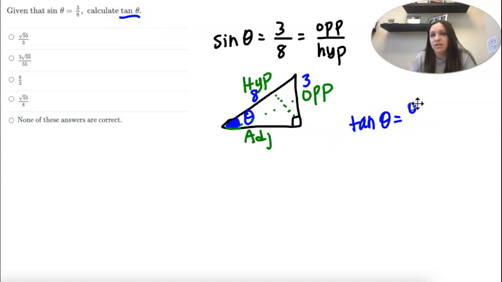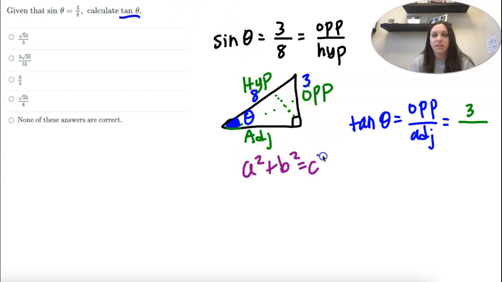I want to find tangent. Well, tangent is opposite over adjacent. So I only know the opposite side. I need to solve for the adjacent. So you see a pattern. How are we solving for the missing side? A squared plus B squared equals C squared. We're really using the Pythagorean Theorem. Okay, so hypotenuse is c, so 8 squared, and then the other side, it doesn't matter if it's a or b. I'll put it as b this time. Now we're going to solve for the missing side.